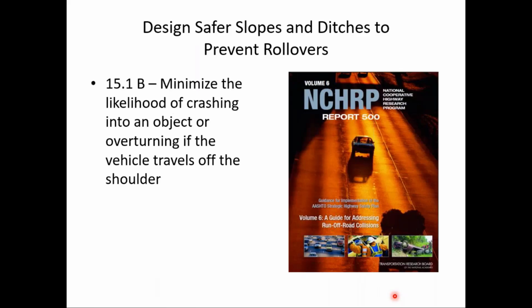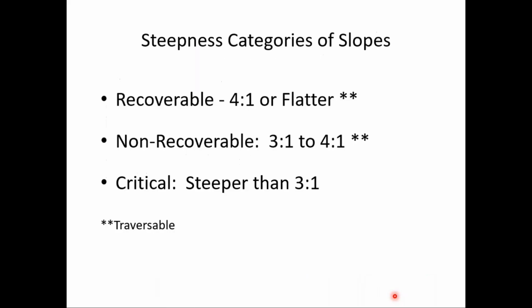Another area of concern on the roadside is the slopes and ditches. We want to prevent rollovers on those slopes or ditches. And maybe we should mention the steepness categories of slopes. AASHTO talks about 3 different categories of slopes, what they call the recoverable slopes, which is 4 to 1 or flatter, and that means 4 horizontal to 1 vertical.